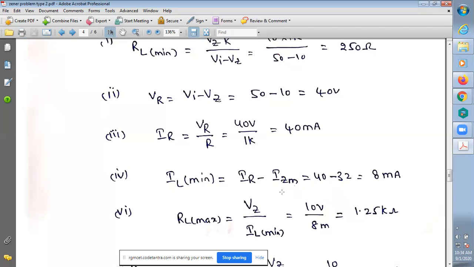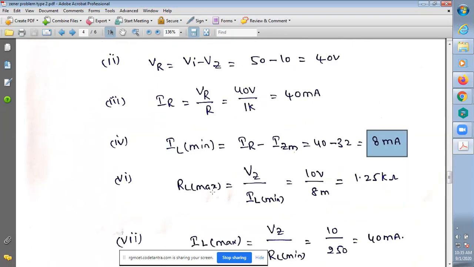IL minimum is equal to IR minus IZ maximum. Then the resultant current is IL minimum. So minimum current is equal to IR minus IZM, 40 minus 32, that is equal to 8 milliamperes. 8 milliamperes is the minimum load current.